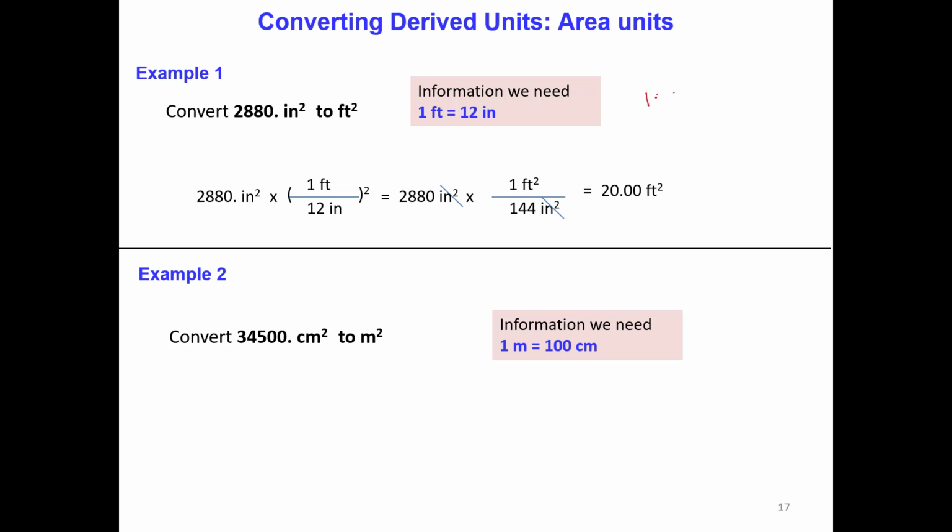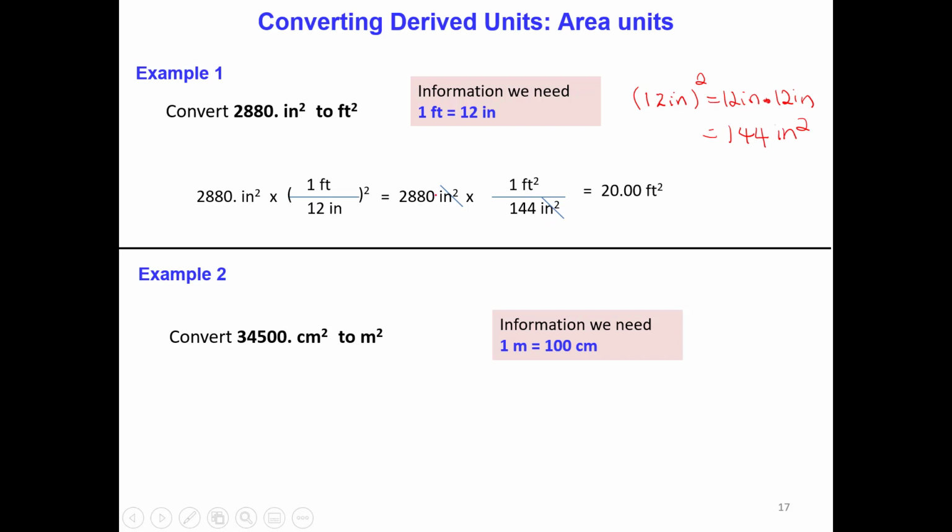We need to square. This one is like 12 inches times 12 inches. Then we have 12 times 12 is 144 inches. Inches times inches is inches squared. And this is why 12 inches squared equals to 144 inches squared.